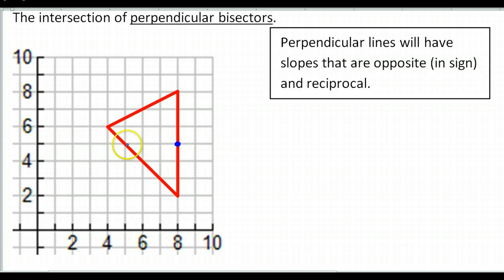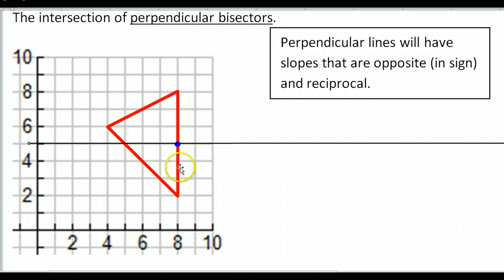Of course, this is easy because if this is vertical, a perpendicular line will just be horizontal. So all I need to do is draw a horizontal line right here, and that will be my first perpendicular bisector. Okay, that's really long, but that is my first perpendicular bisector.